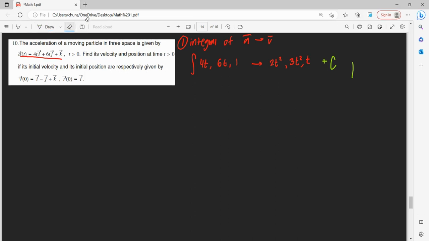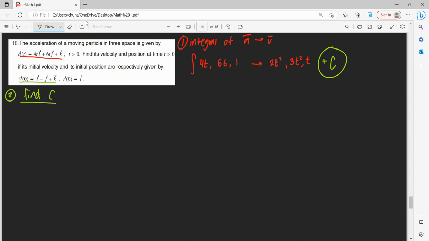Okay, and so now that we have that, we still have this constant c at the end. So what do we do with that? So next step is find c. Using this equation here, we can equate them together, right?